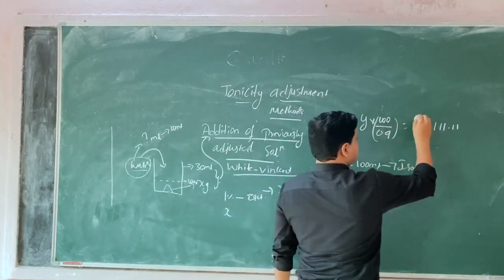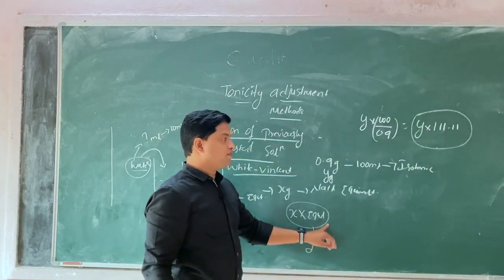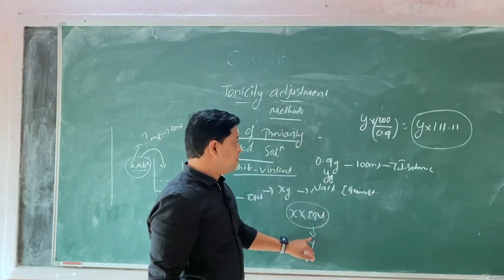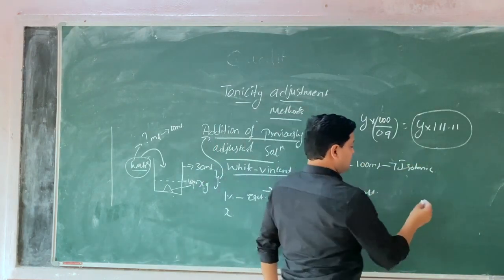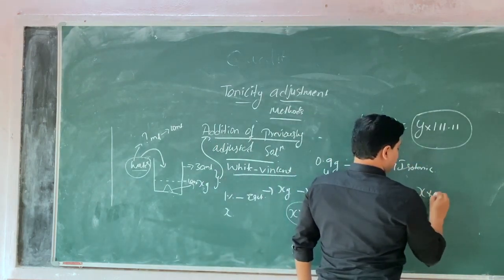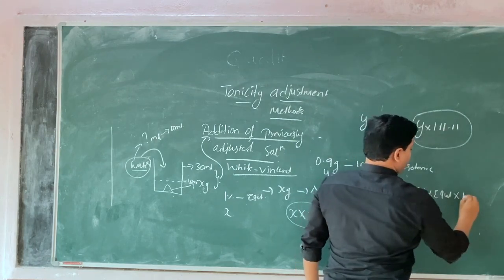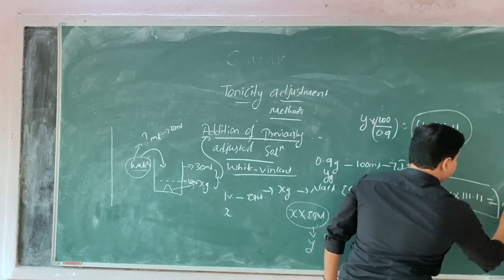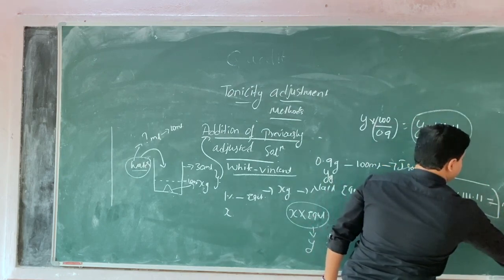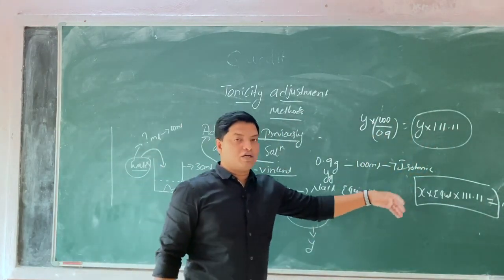Y is X into equivalent. So X into equivalent multiplied by 111.11 gives you the ml of water to be added.